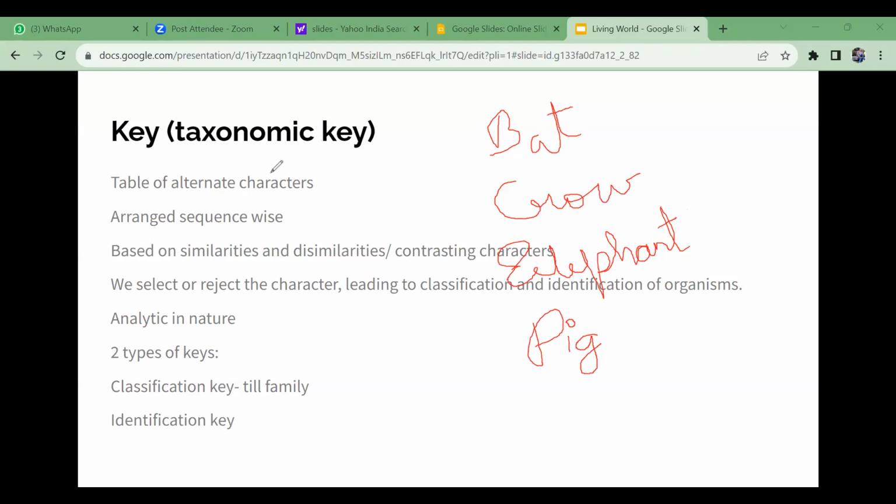First, one sentence will be there. That sentence we call a lead. Do they fly? Suppose, do they fly? This is known as lead. Now each lead will have two characteristics.